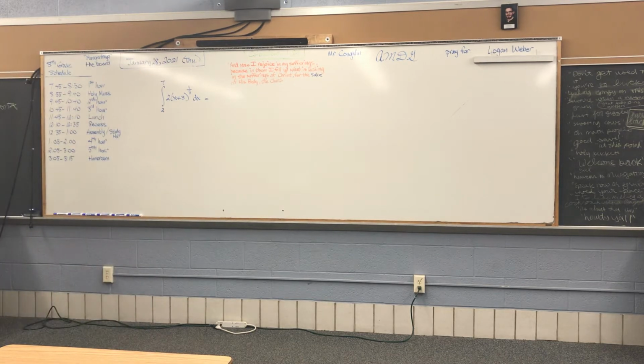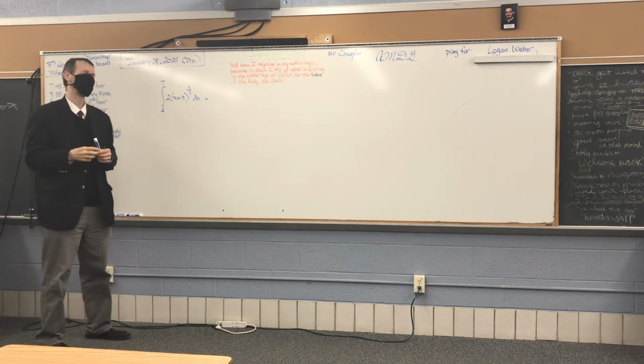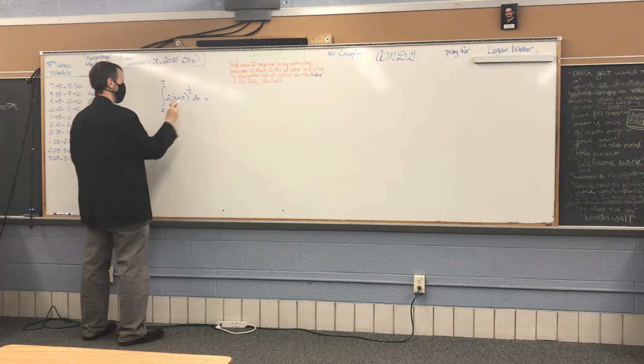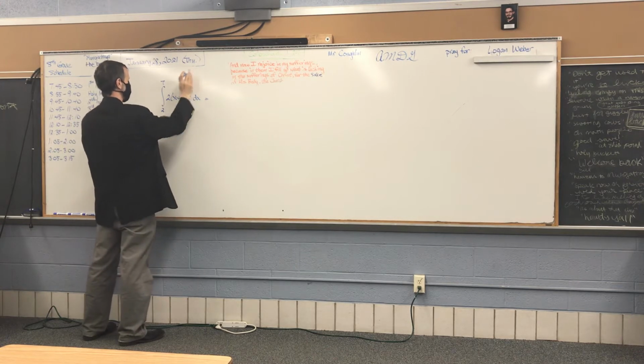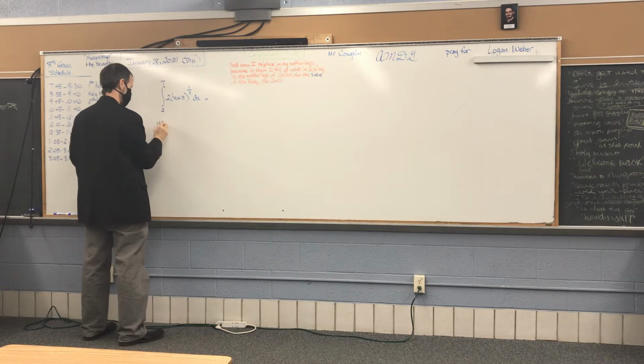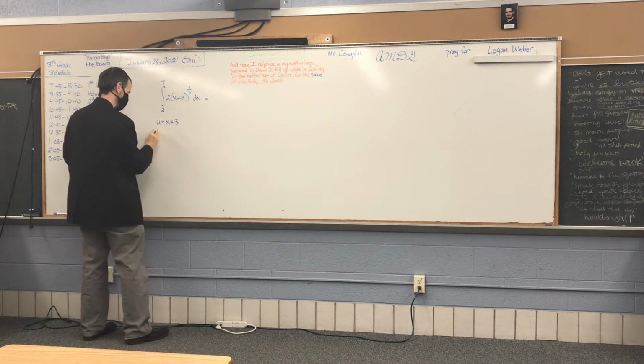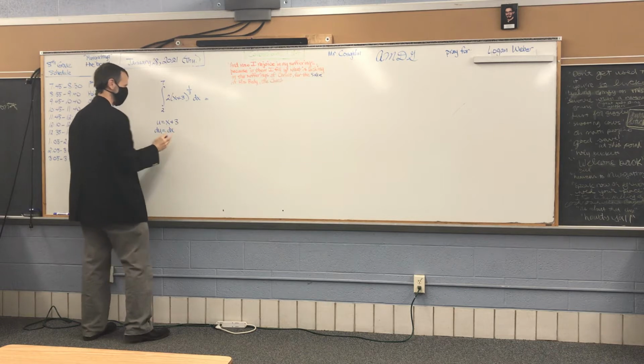I actually neglected to do this yesterday, but I should have. Substitution, right. If this were plain old 2x times (x plus 3), you'd just distribute and do it normally. But let's substitute. u equals x plus 3. What's du? Just dx. Is that right?